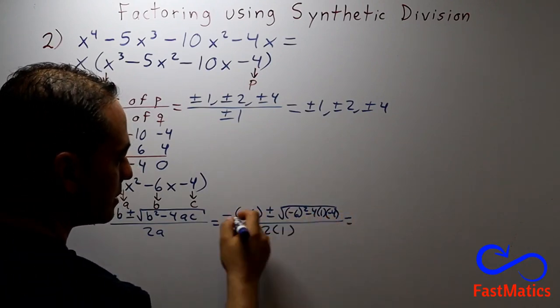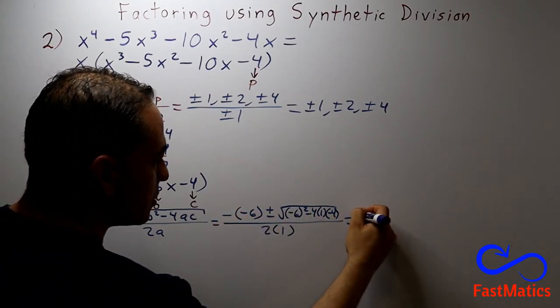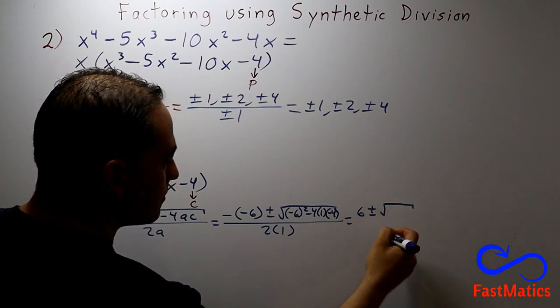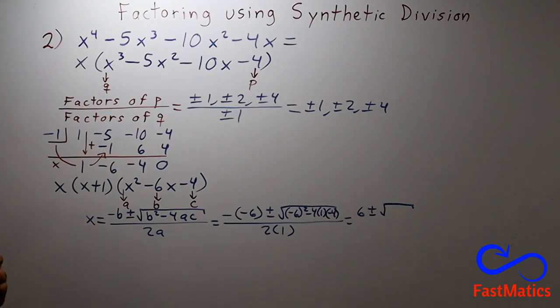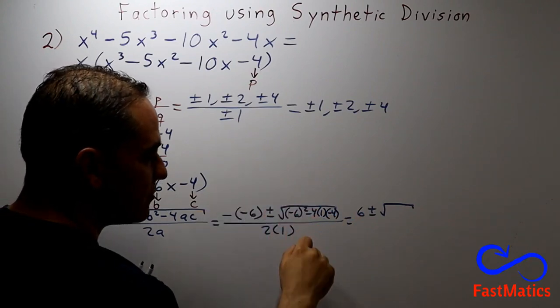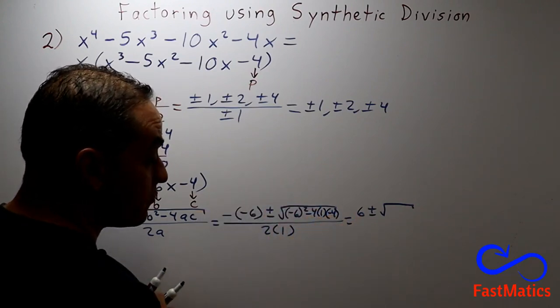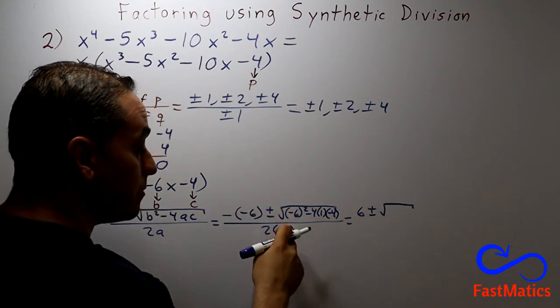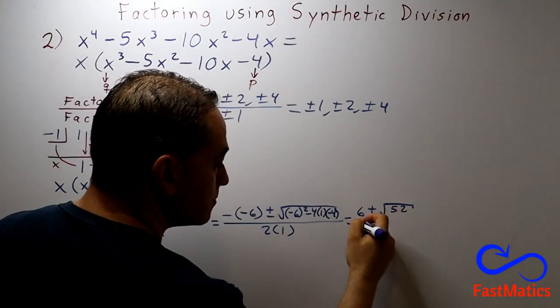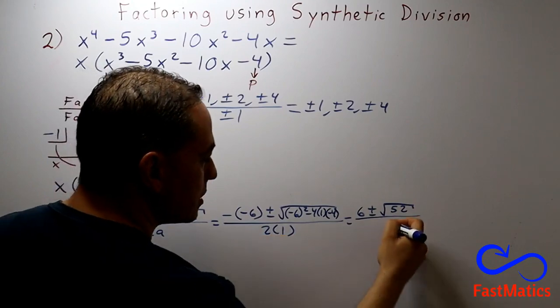After that, negative times negative is positive 6, positive and negative, and here negative 6 squared is 36, and negative times negative is positive. 4 times 1 times 4 is 16, plus 36 is 52, divided by 2 times 1 is 2.